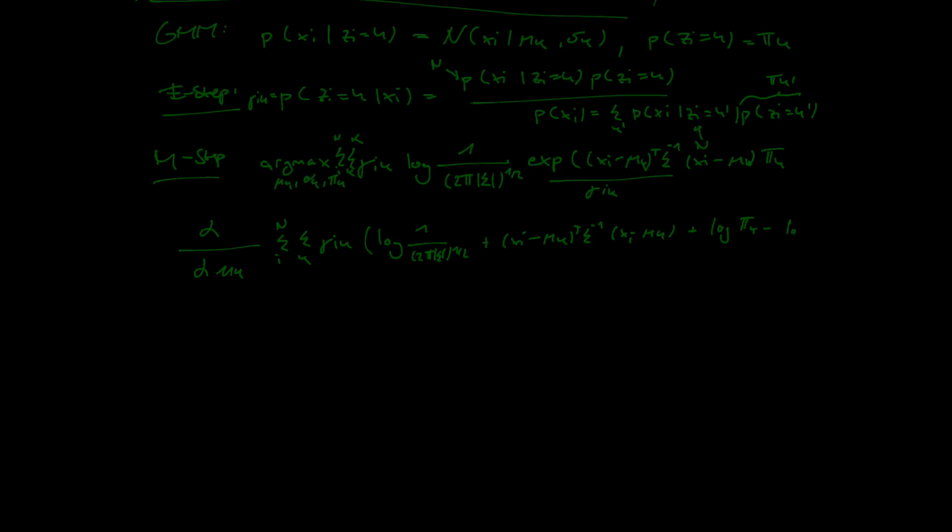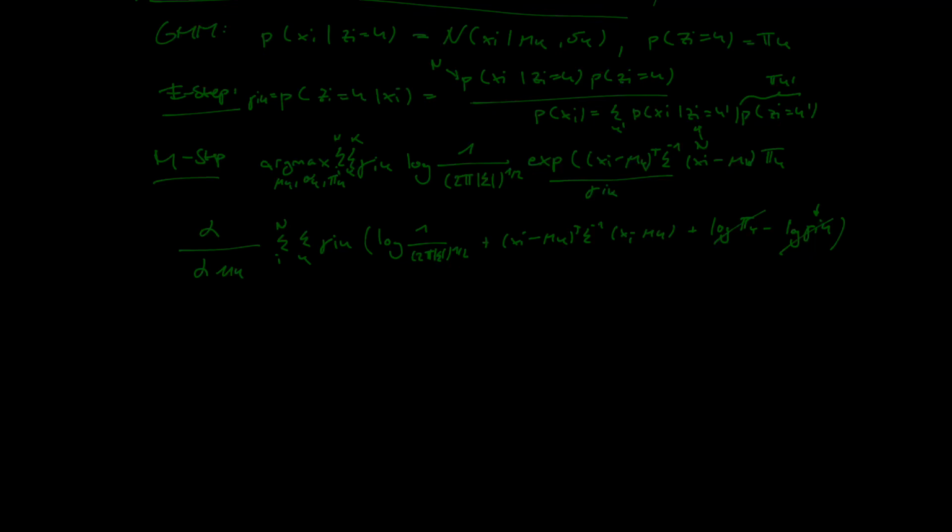So log of this. And since we optimize, or we take the derivative with respect to mu k, all the terms without the mu k will just fall out, which is this and this. I have to say, of course, mu k will be in there somewhere, right?